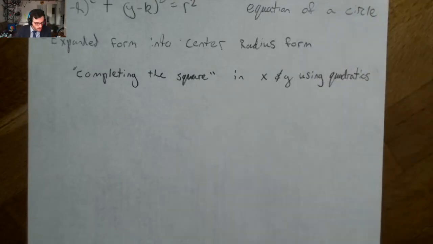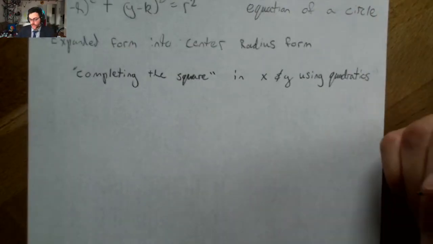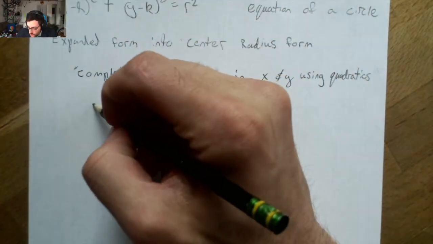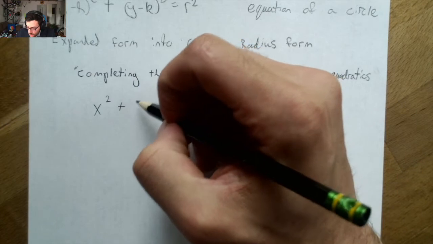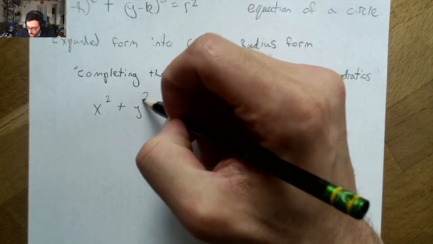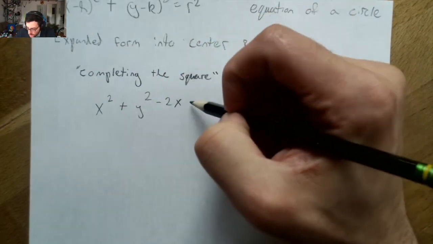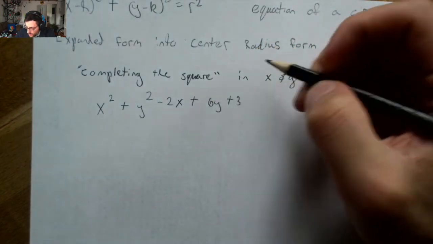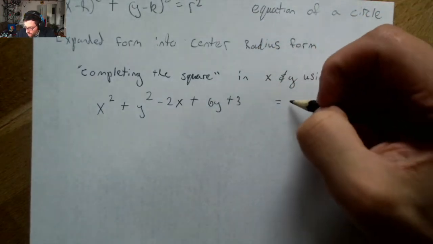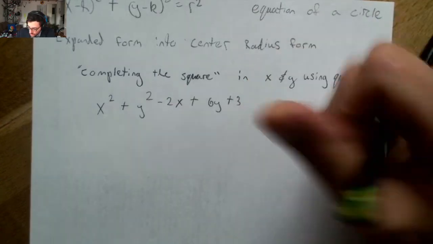So first thing we're going to do is use our sample equation for this portion of our notes, which is going to be x squared plus y squared minus 2x plus 6y plus 3 equal to 0.